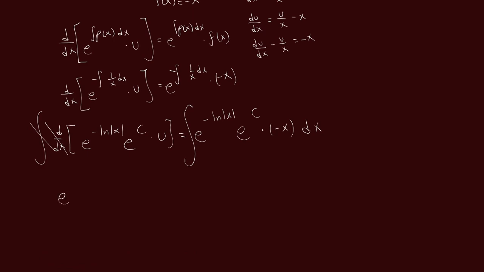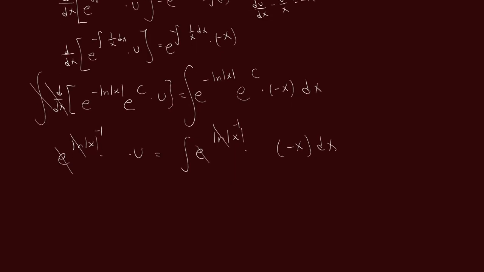So now we have e to the minus ln of x times e to the c times u equals the integral of e to the minus ln of x times e to the c times minus x dx. We're going to take out this e to the c and put it here, so this and this cancel each other out. And then we're going to take this to be the power of minus 1, so the lns cancel each other out.